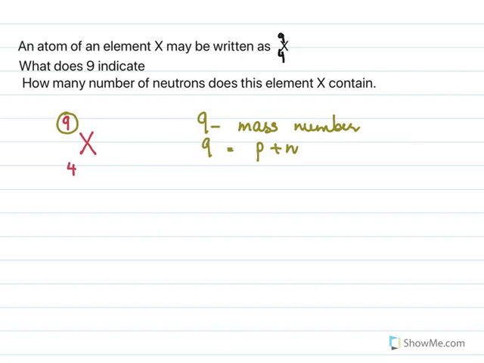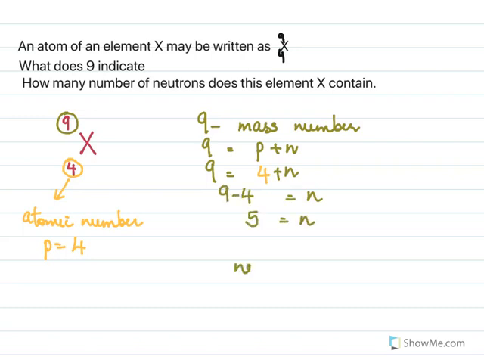Now, here we see that 4 is the atomic number. And atomic number is number of protons. So, number of protons is 4. So, here I put 4 number of protons. So, 9 equal to 4 plus n, so n equal to 9 minus 4, 5. So, you have neutrons equal to 5.